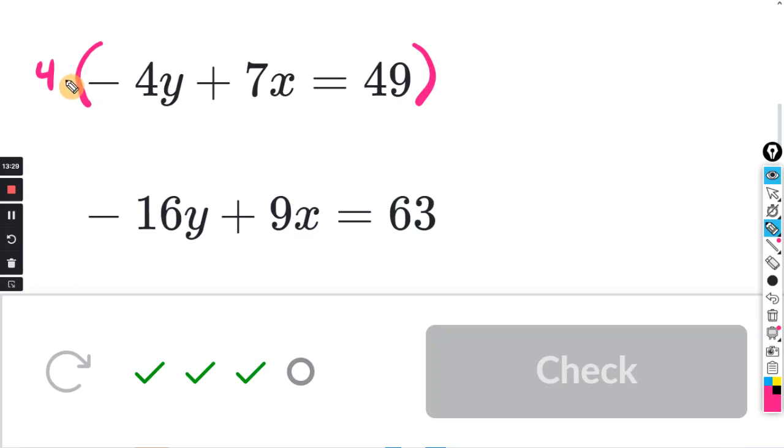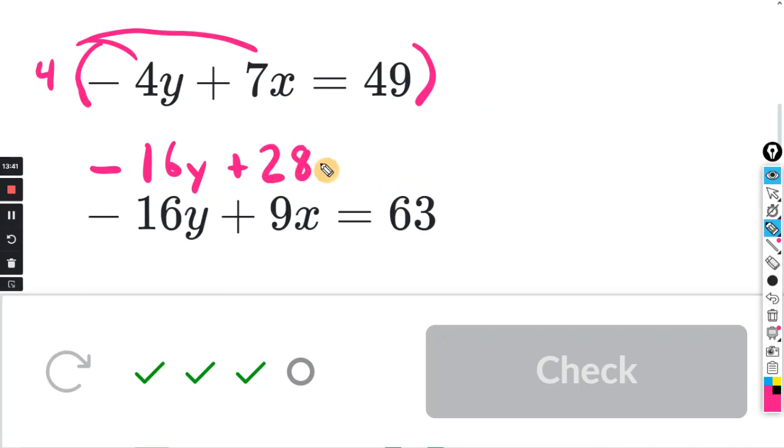All right, 4 times negative 4y is negative 16y. 4 times 7x is 28x. Keep the equals. 4 times 49 is going to be 196.